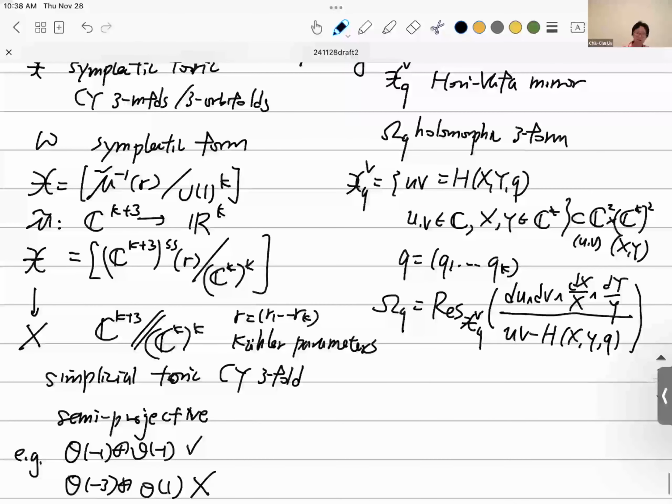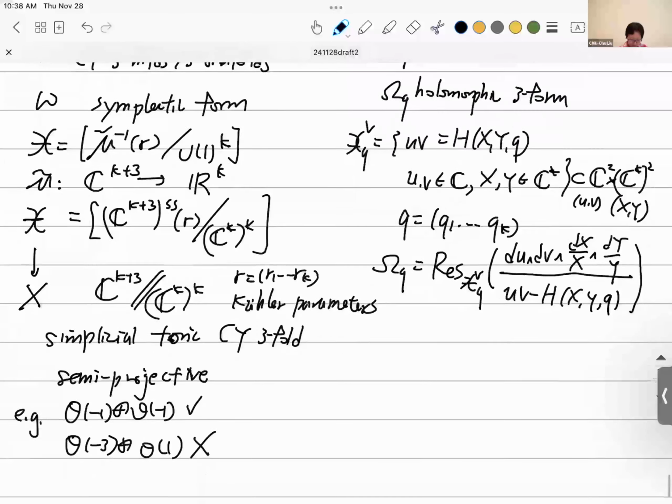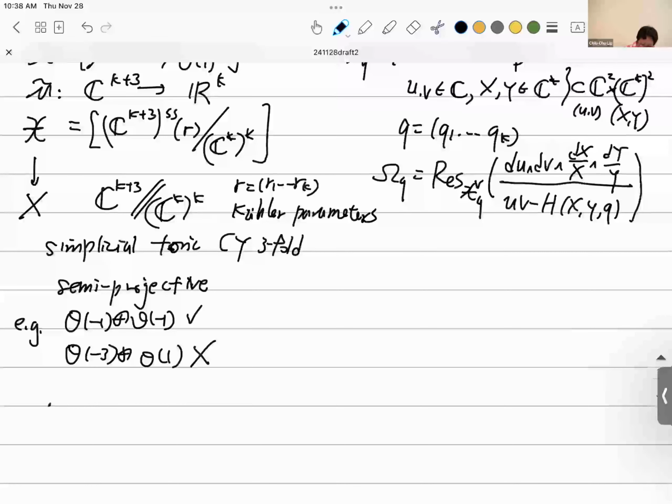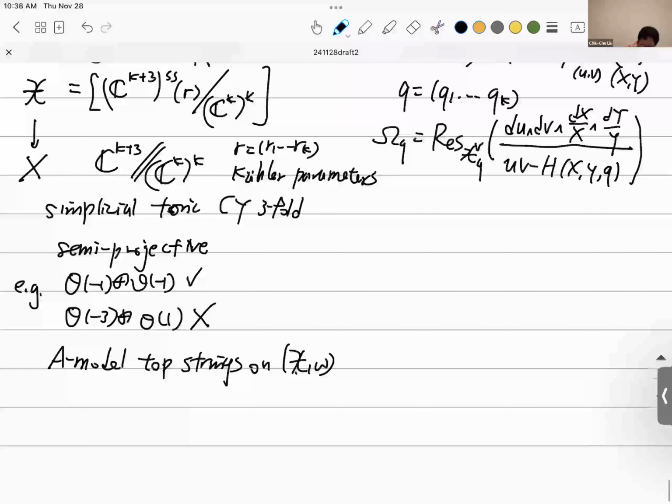So now, on the A model, under mirror symmetry, we have the A model topological strings on this symplectic toric Calabi-Yau 3-manifold or orbifold. We know that they are Gromov-Witten invariants.